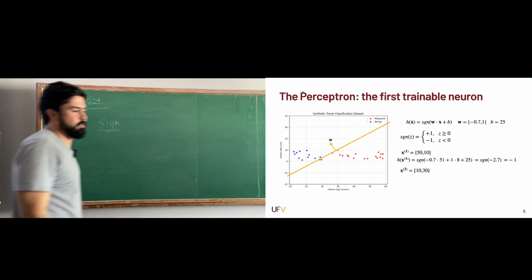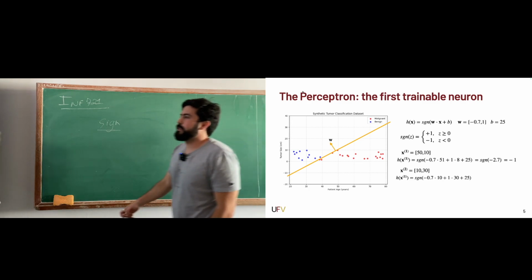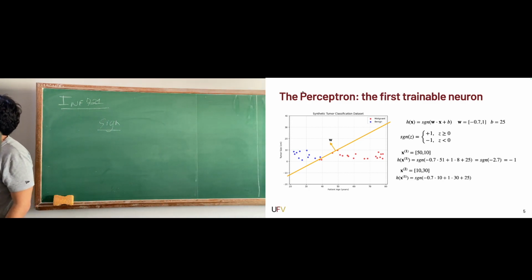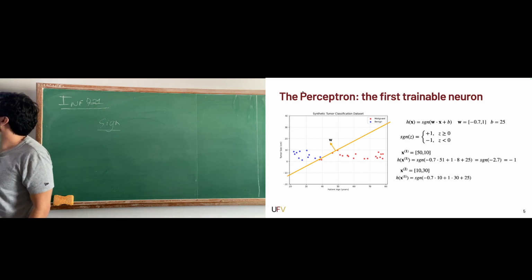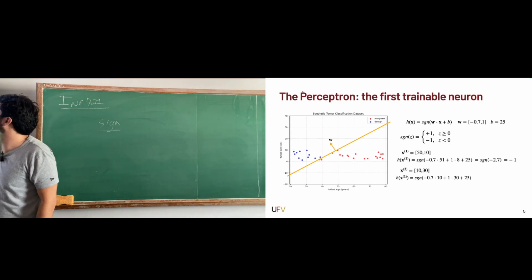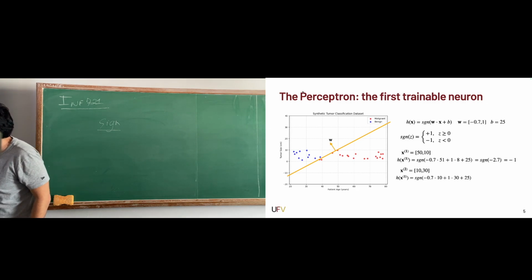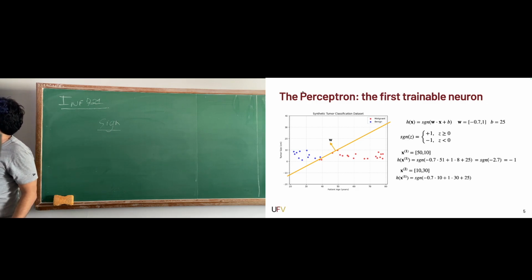You might have a very large tumor, but if you're young, that might be a benign tumor. This should be x2. Then if you apply the same model, again, -0.7 times 10 plus 1 times 30, which is the dot product between X and W, plus 25.